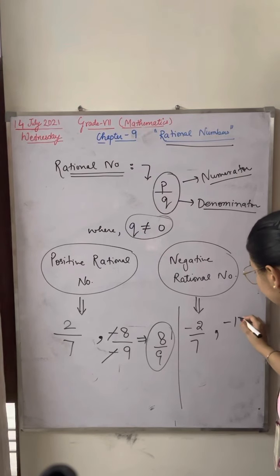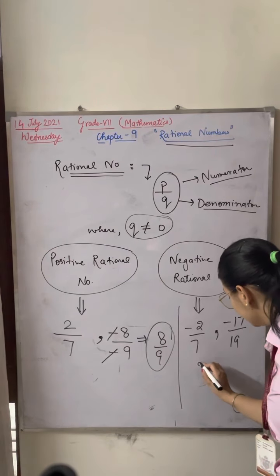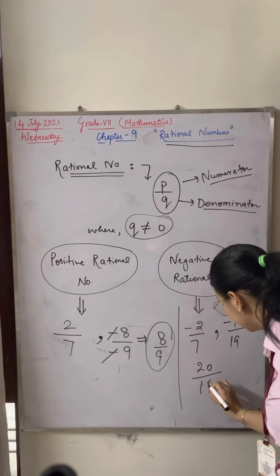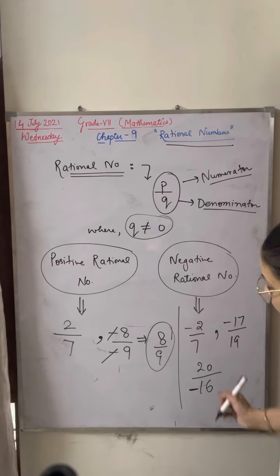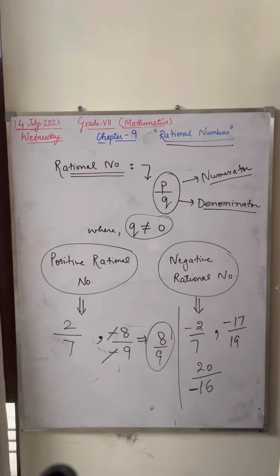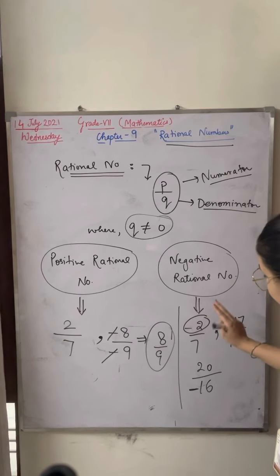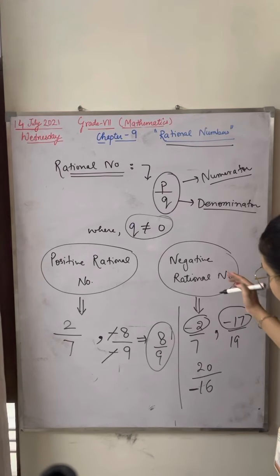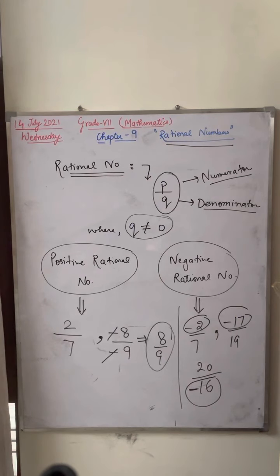Minus 17 upon 19 is a negative rational number. 20 upon minus 16 is a negative rational number. If any one of the two is negative, it will be negative. If the numerator is negative, it is still negative. If the denominator is negative, it is still negative. So you should know what negative rational numbers are.